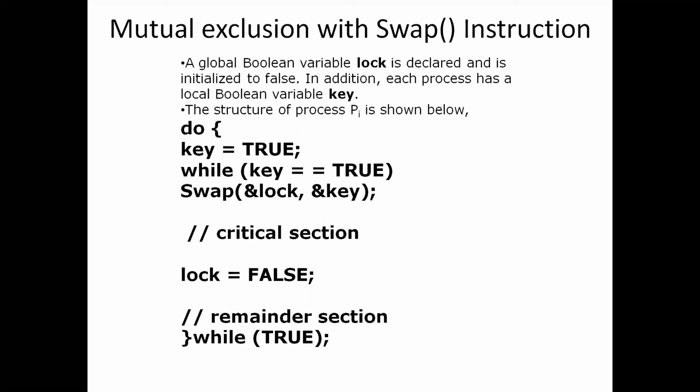Now after completion of execution of the critical section, process 0 will set lock equal to false. That means it is releasing the lock. So the lock is released, giving a chance to another process to execute in the critical section.